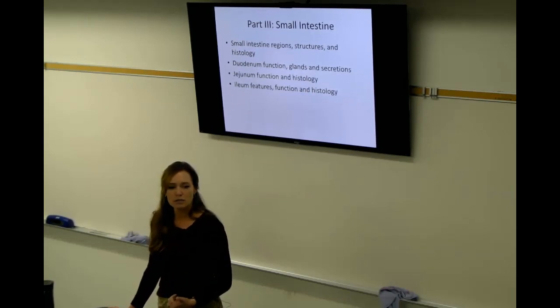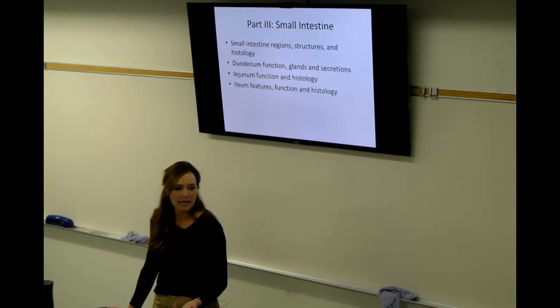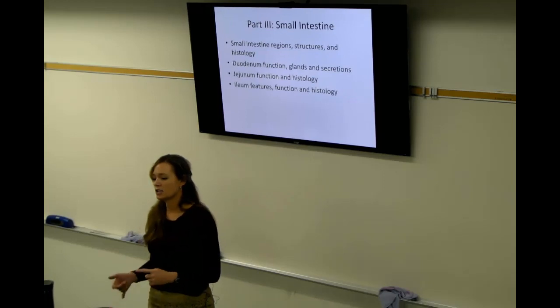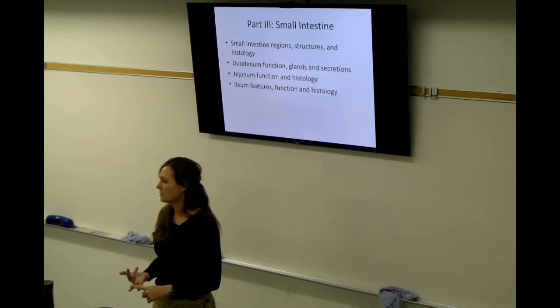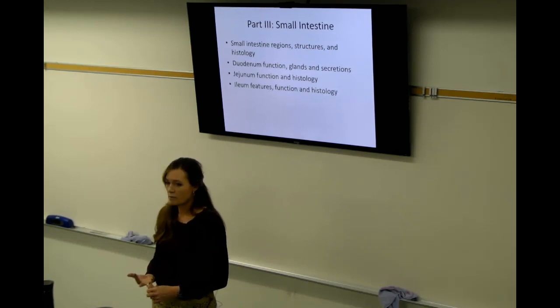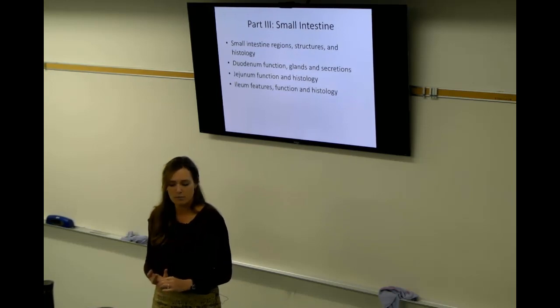The duodenum receives pancreatic juices, which are pancreatic enzymes, such as pancreatic lipase, that digest fat. The duodenum receives trypsin from the pancreas, which digests proteins at a neutral pH, and pancreatic amylase, which digests carbohydrates, from the pancreas.